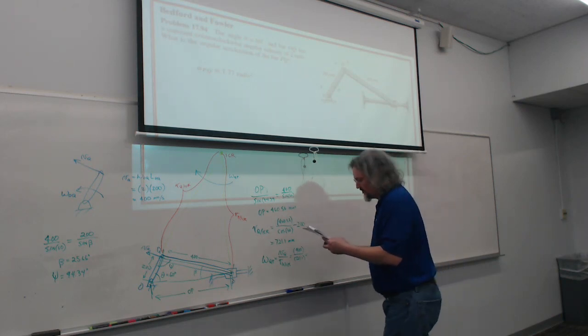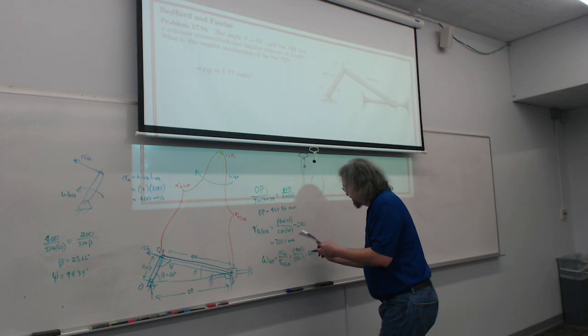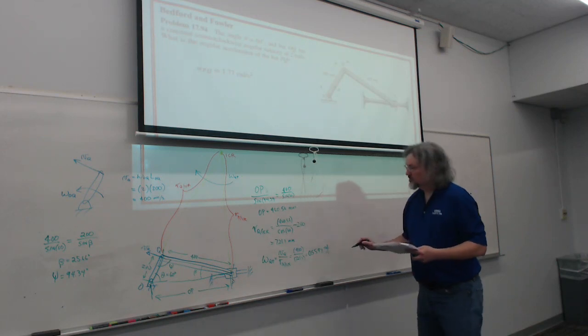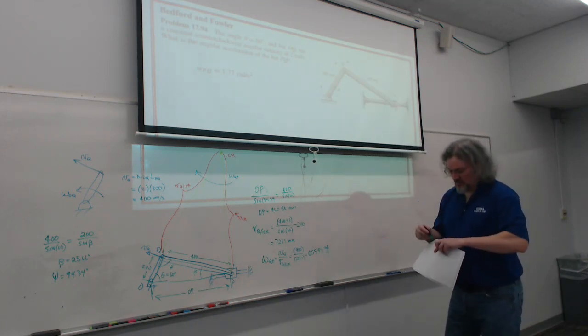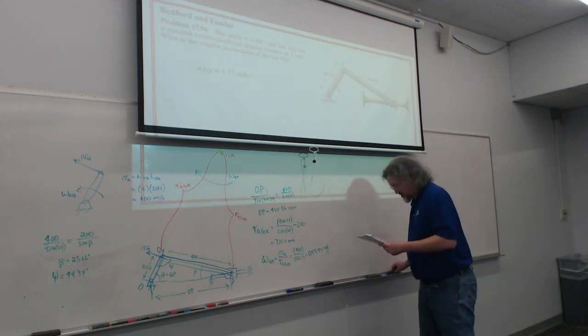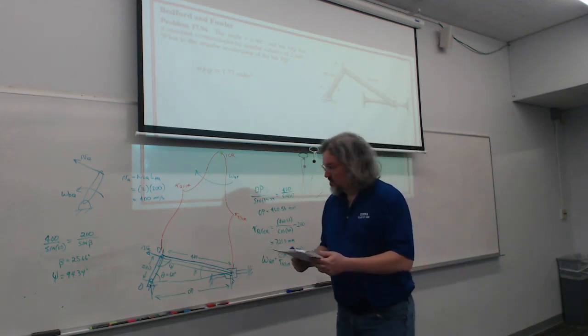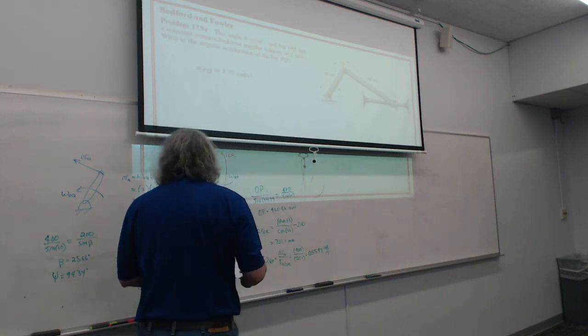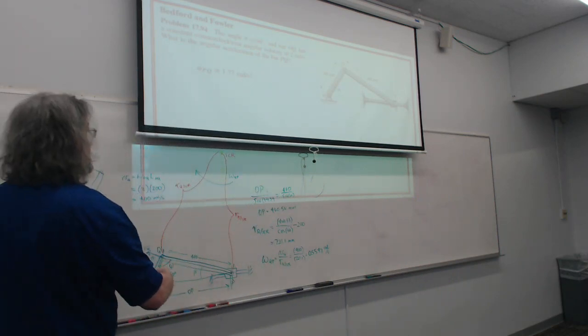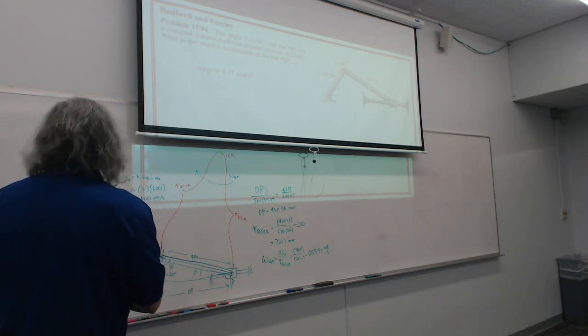I think it's 0.5547 radians per second. And then if we wanted to, we could find that velocity, but I want to do the acceleration analysis, that's what they're asking for.